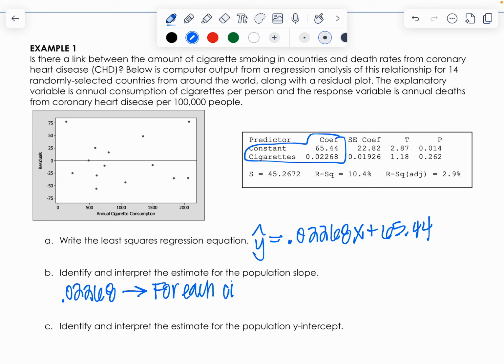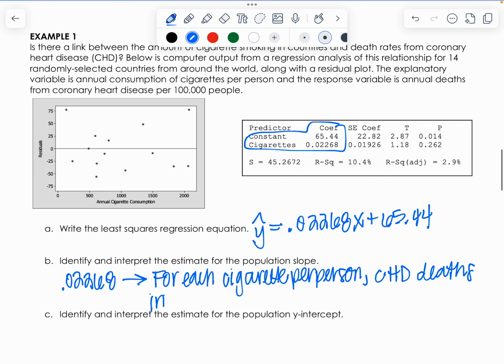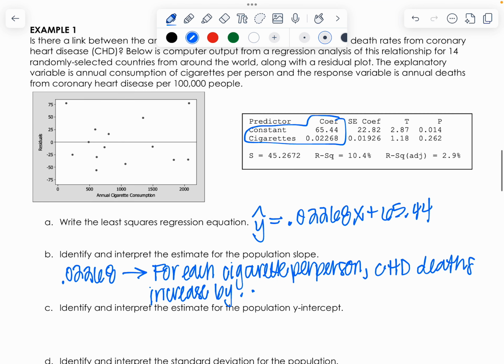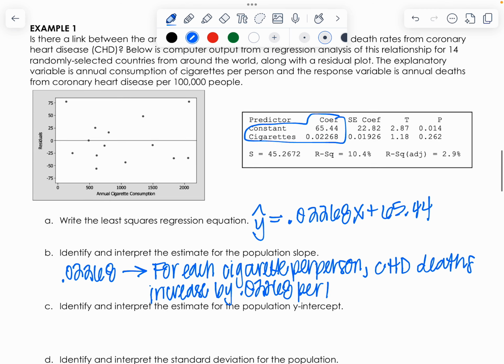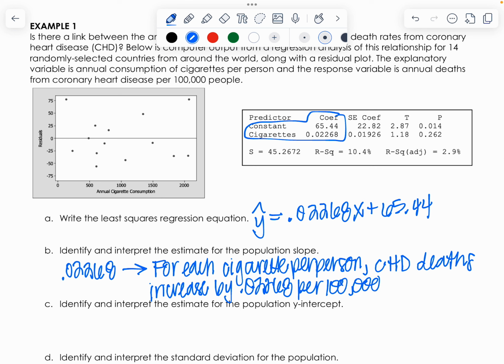So for each cigarette per person, coronary heart disease deaths increase by 0.02268 per 100,000 people. All right, so remember, slope is the change in y for every one x.